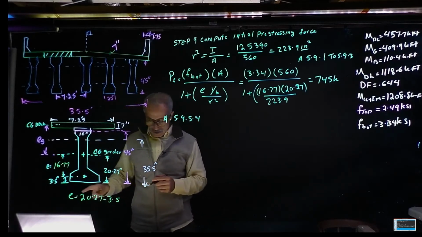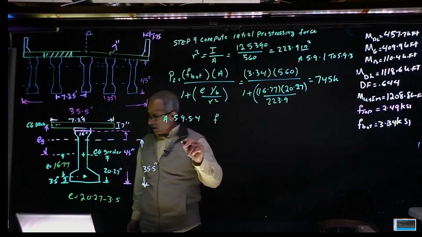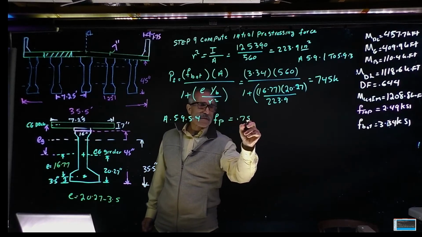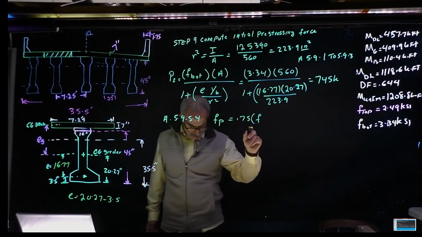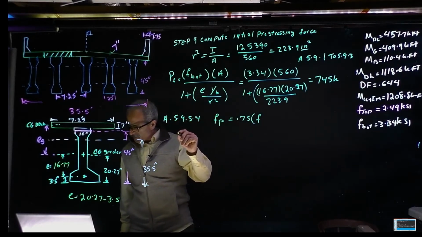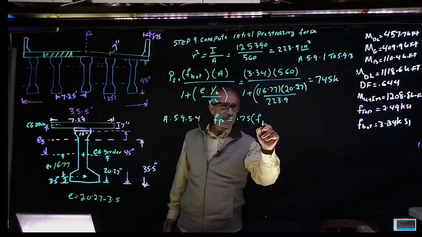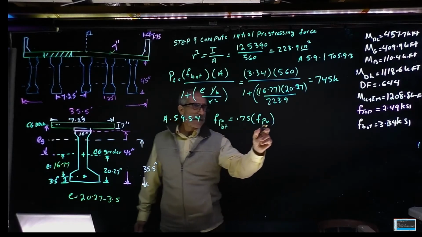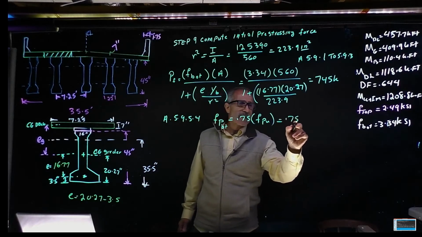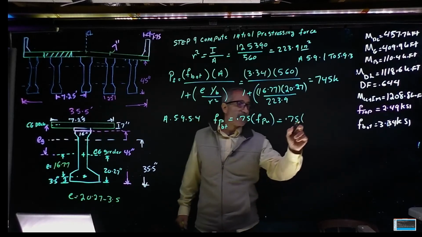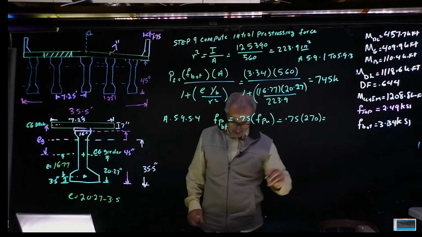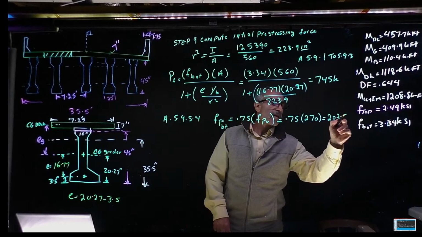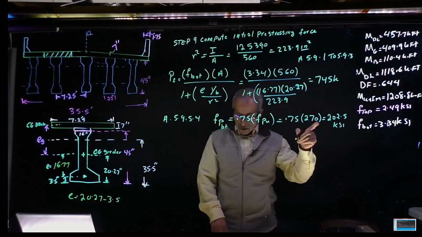So we're going to say our F_pbt is going to be 0.75 times F_pu, and that comes out to 0.75 times 270. So we're going to end up with 202.5 KSI. And keep that in mind.